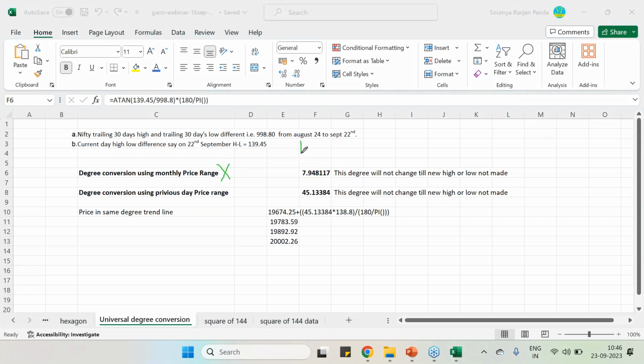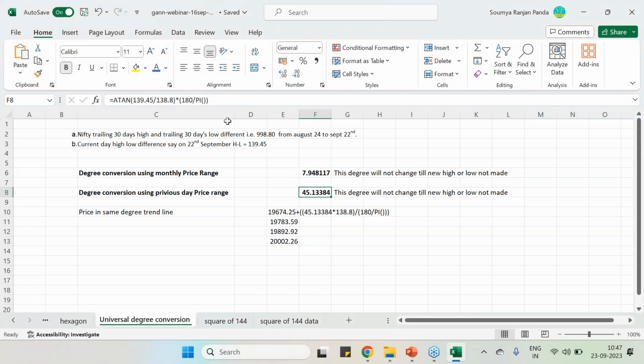You are taking a monthly high minus low difference with respect to the daily high minus low difference. So that is wrong. This should not be taken. What is the correct way of universal degree conversion? They are previous day to current day.